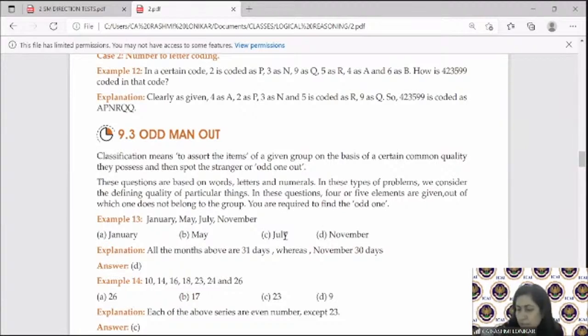Okay, they may say January, July, December and February. So in this case, February will be the odd man out. Why? Because January, July and December all have 31 days in the month, but February has 28 or 29. So in that case, February will be the odd man out. So you may have those types of questions also.